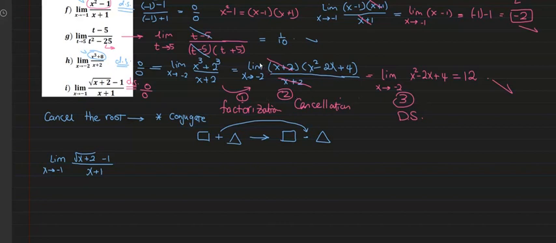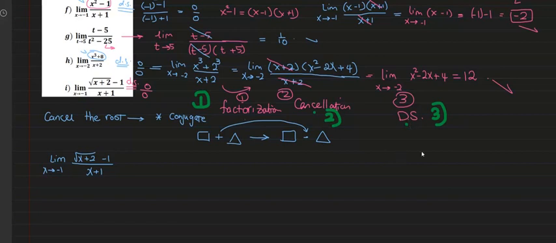These are our main three steps here: to factorize, then cancel, and finally again direct substitute. Now we will multiply with the conjugate, cancel, and then direct substitute.